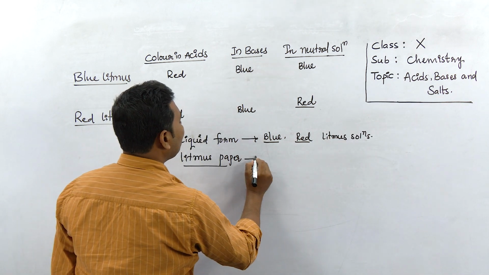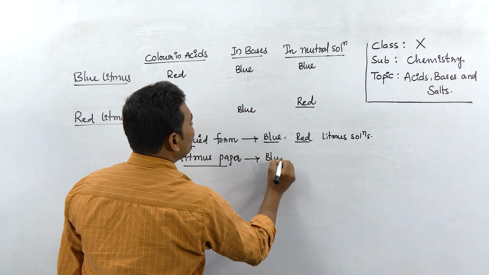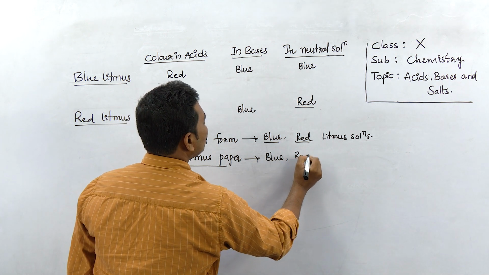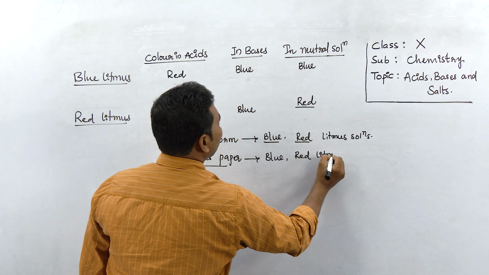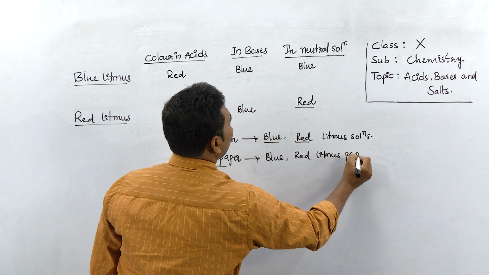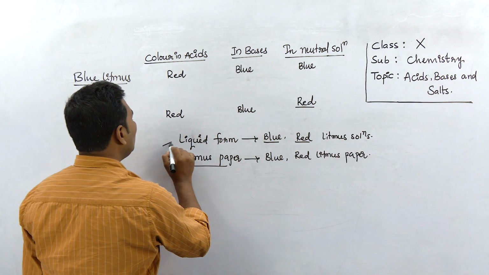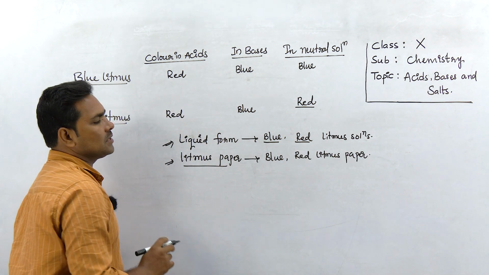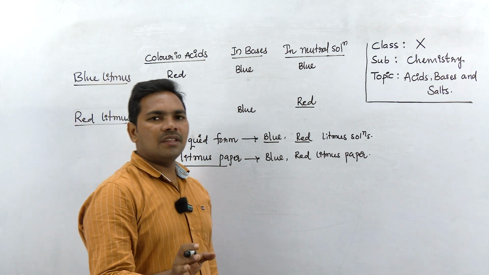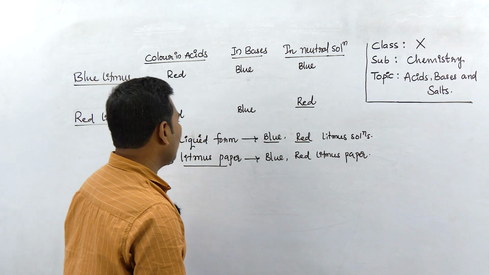In the form of paper also, it is available in two colors, blue and red: blue litmus paper and red litmus paper. These litmus solutions or litmus papers are used to identify the nature of the substance.